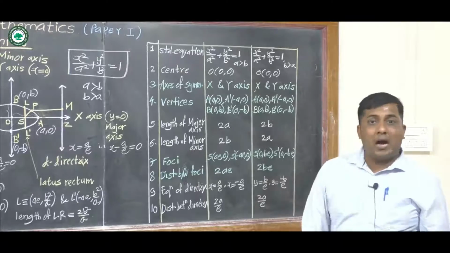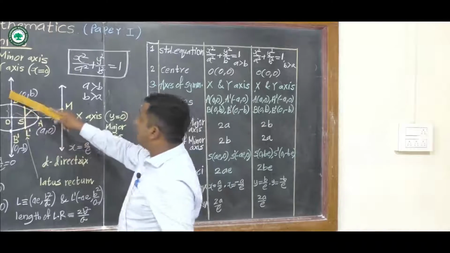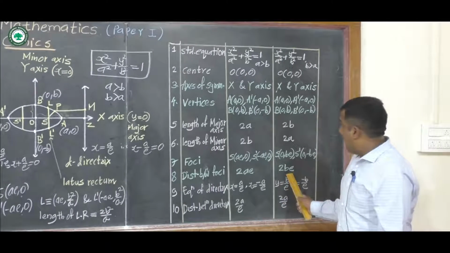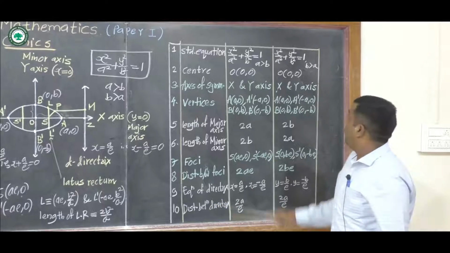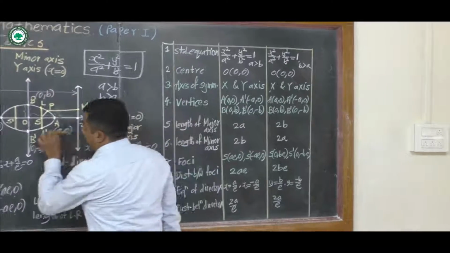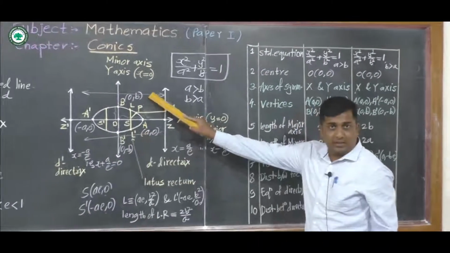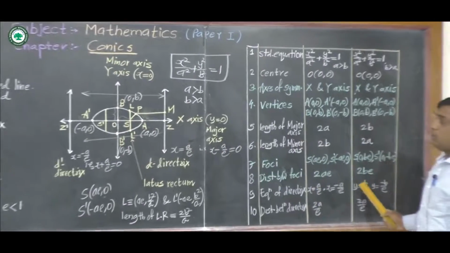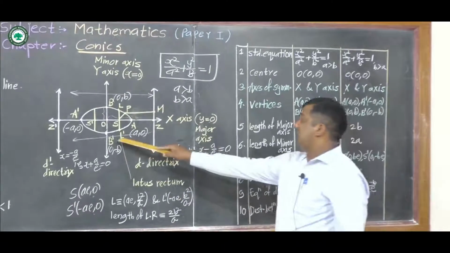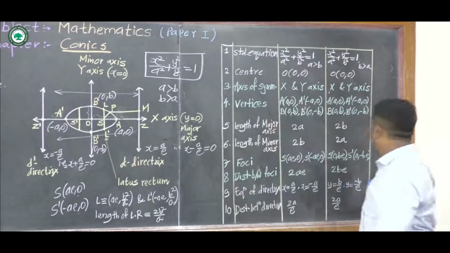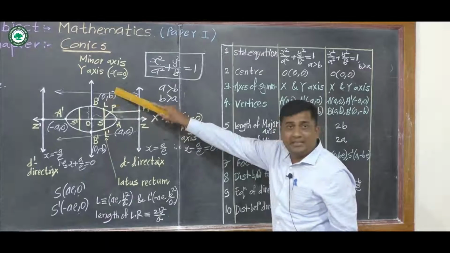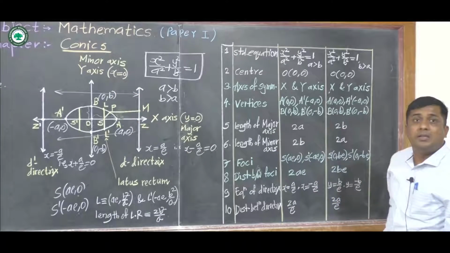The distance between the foci, S and S dash, is 2be. For the equation of the directrix, the directrix is like this: the equation is y is equal to b upon e for D, and for D dash it is y is equal to minus b upon e, and the distance between these two directrices is twice b upon e.